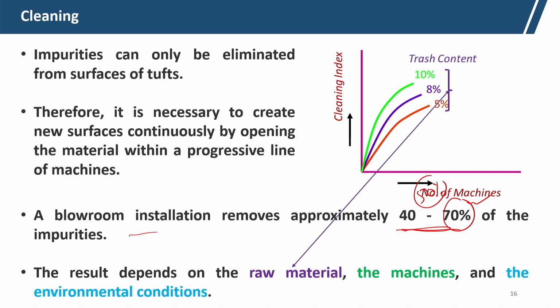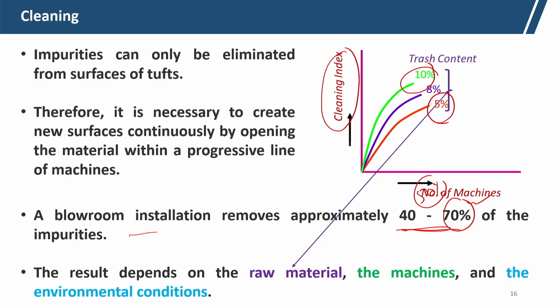Even depending on the raw material, the trash particle removal will change. So, if the fiber length is longer, trash removal will be difficult. With shorter fiber length or coarser fiber the cleaning will be easier, with finer fiber cleaning will be difficult. If you see here, you can see the cleaning index is high when the trash particle is 10%. Cleaning index is low when the trash particle is 5%.